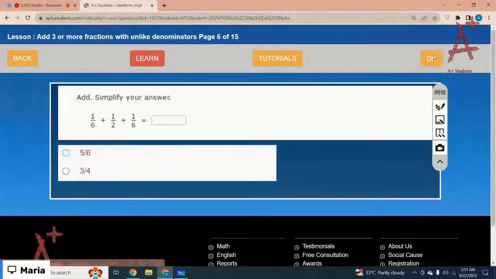Okay, the next one is 1 by 6 plus 1 by 2 plus 1 by 6. So which is the correct option? The correct option is 5 over 6.